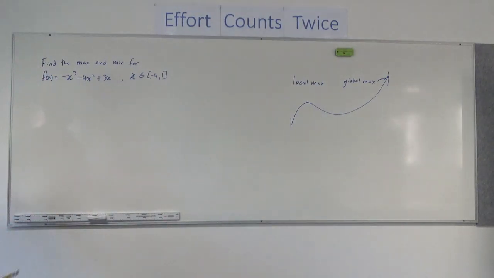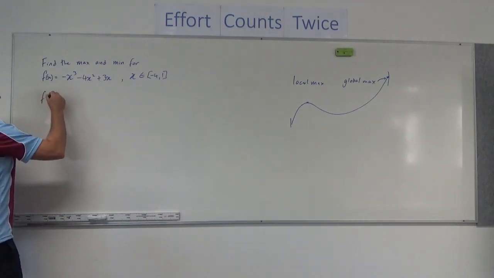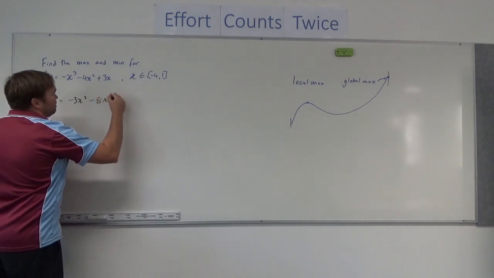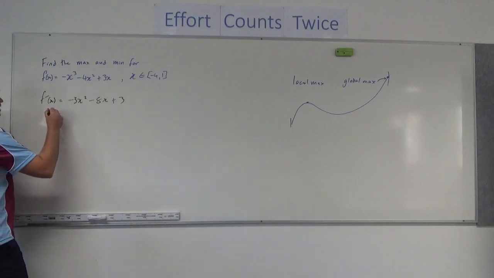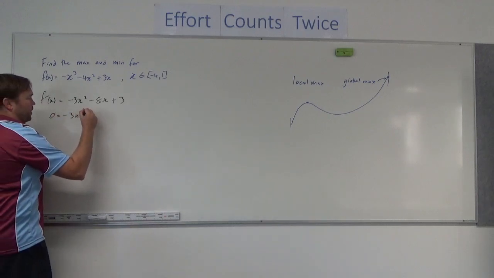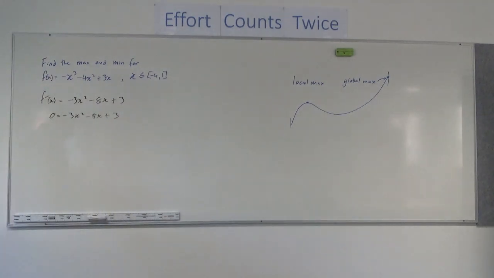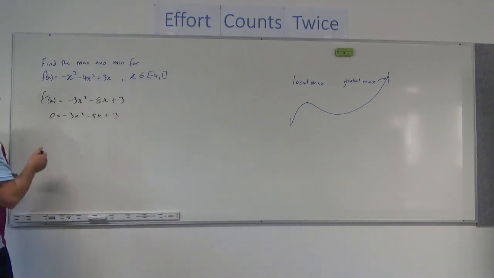So this says, find the max or min for this. Alright, well first off we need to differentiate. So we're looking for f dash x equals minus 3x squared minus 8x plus 3. Then we're setting that to be 0. 0 equals minus 3x squared minus 8x plus 3. Pen's useless. Now, that missed.